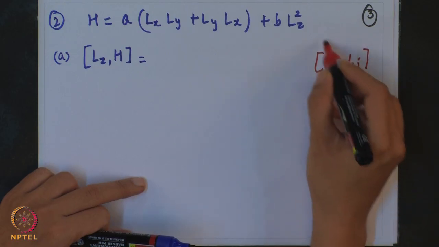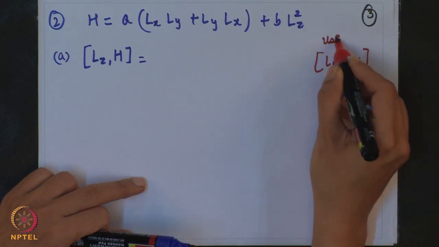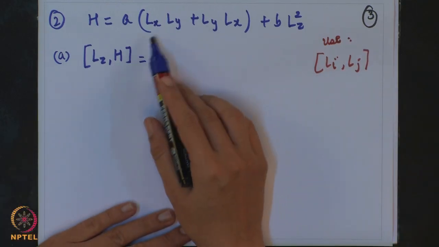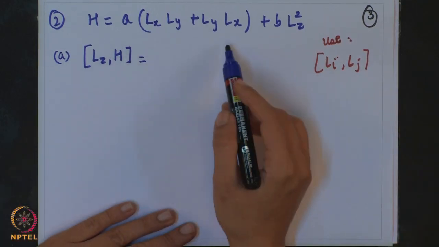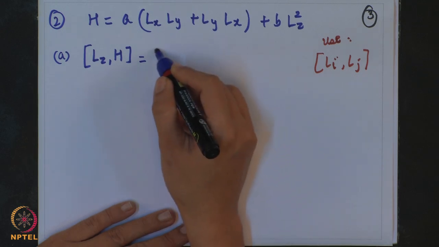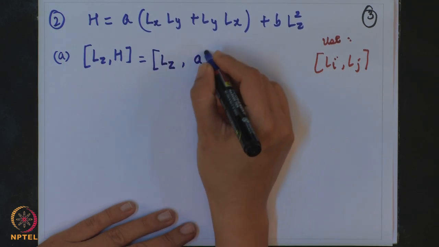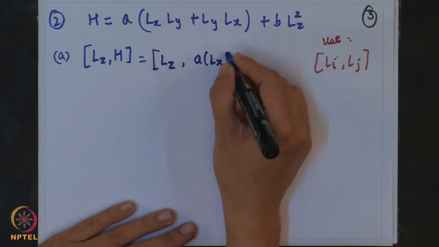You have to use this commutator of Li Lj, and you will substitute for H over here. So, let me write one more step and then leave it for you all to evaluate.